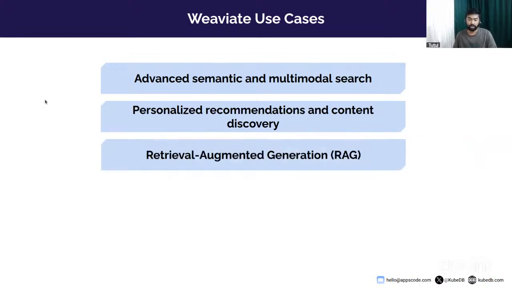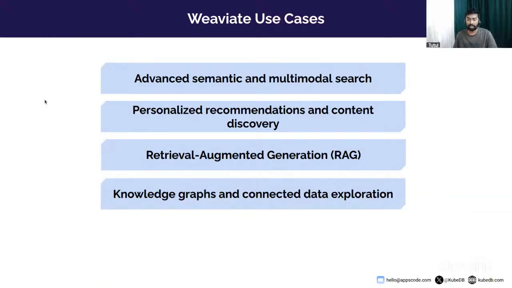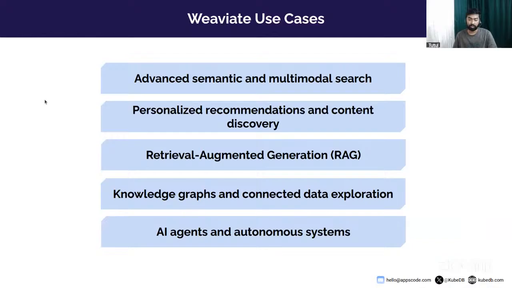Weaviate is commonly used in RAG systems, where AI models retrieve real data before generating answers. Because it supports connected data, it can be used to build and explore knowledge graphs. And finally, it can support AI agents and autonomous systems by helping them understand and use data effectively.